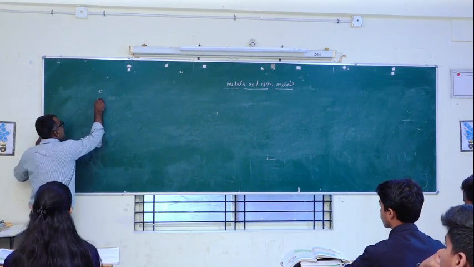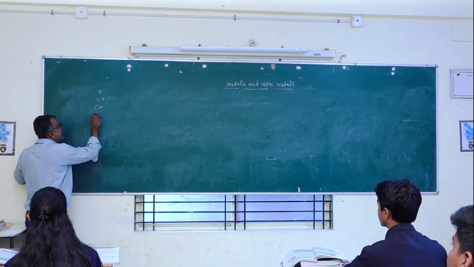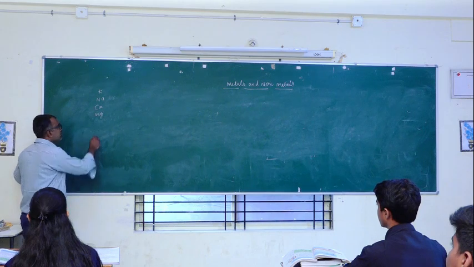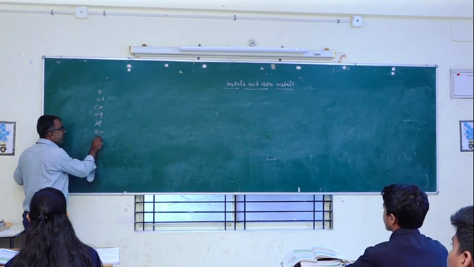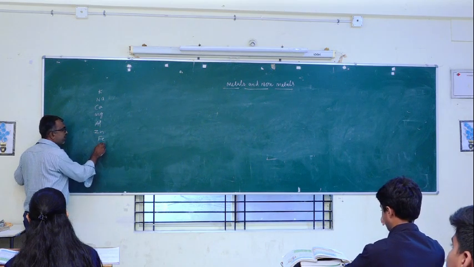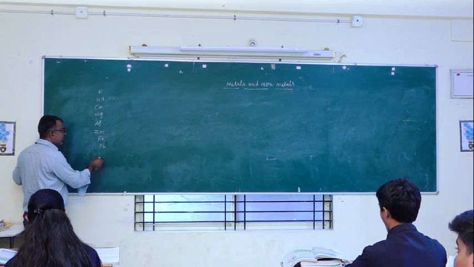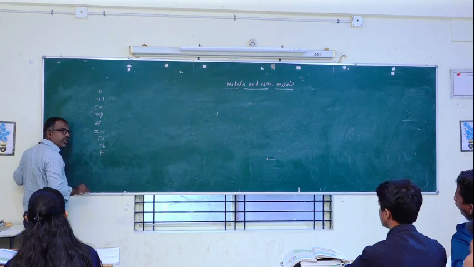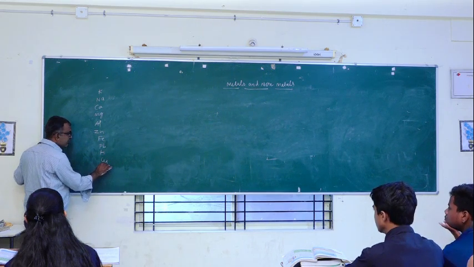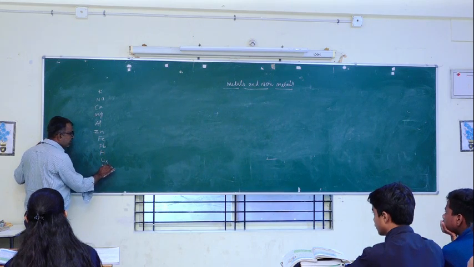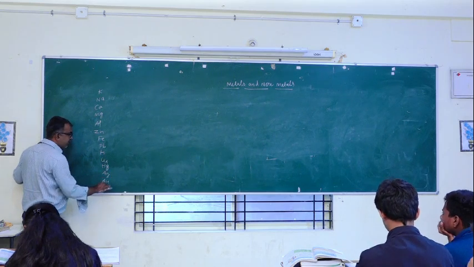Then sodium, then calcium, then magnesium, aluminium, zinc, Fe (iron), then Pb (lead), then hydrogen, then copper, then Hg (mercury), and then Ag (silver) and Au (gold).